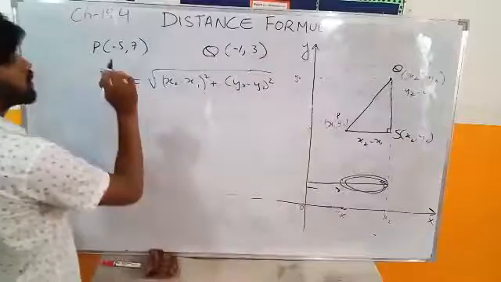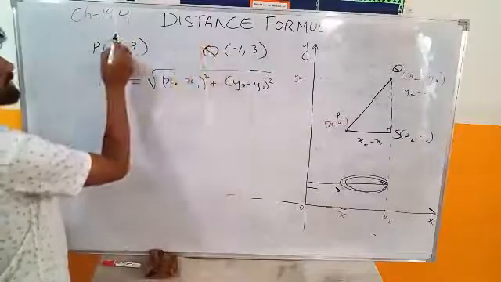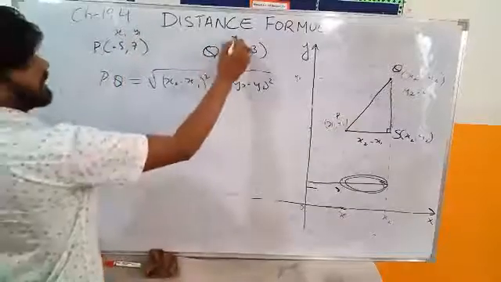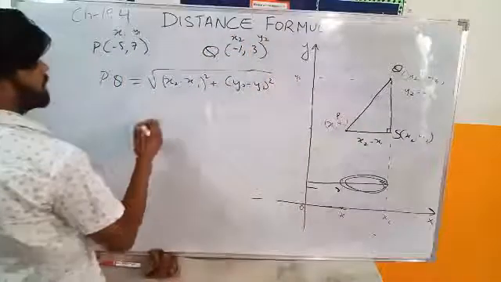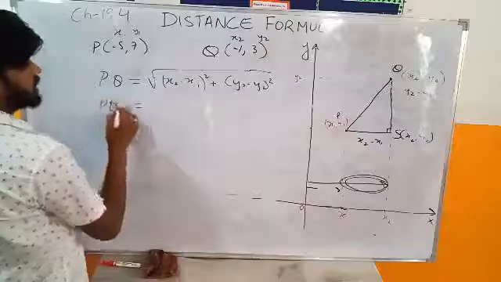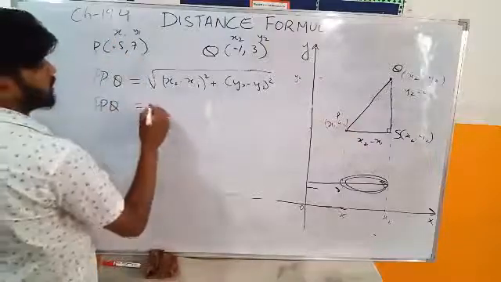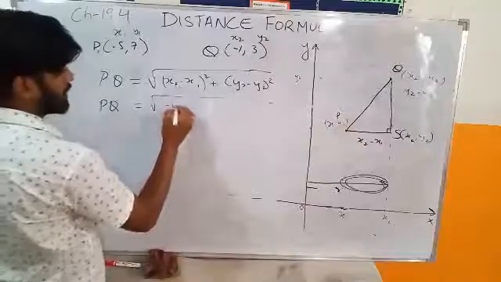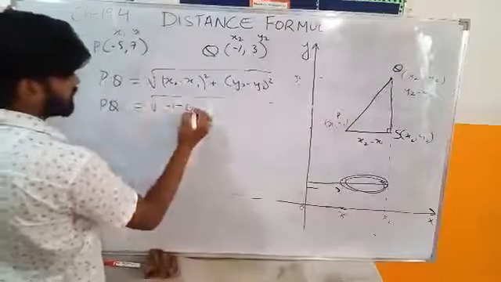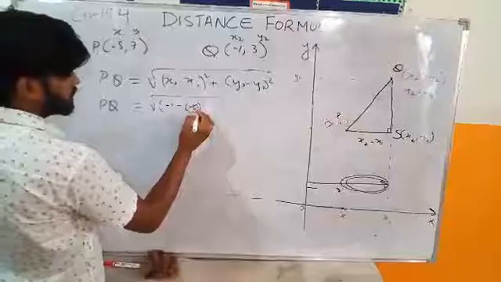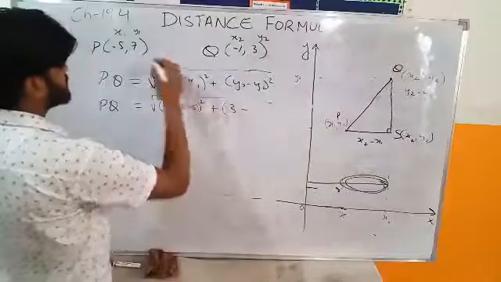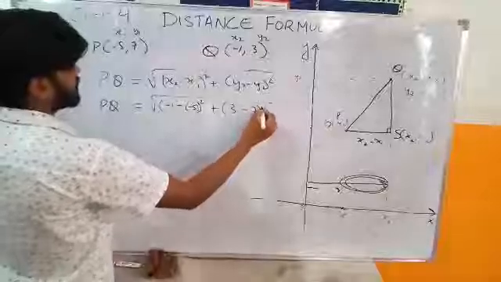Now who's y1, who's x2, who's what? So this one is x1 and this is y1, this is x2, this is y2. Now you need to be sure about that आप x1 की जगह x1 ही put करोगे. So x2 क्या है, minus 1 minus minus 5 का whole square plus y2 that is 3 minus 7 का whole square.